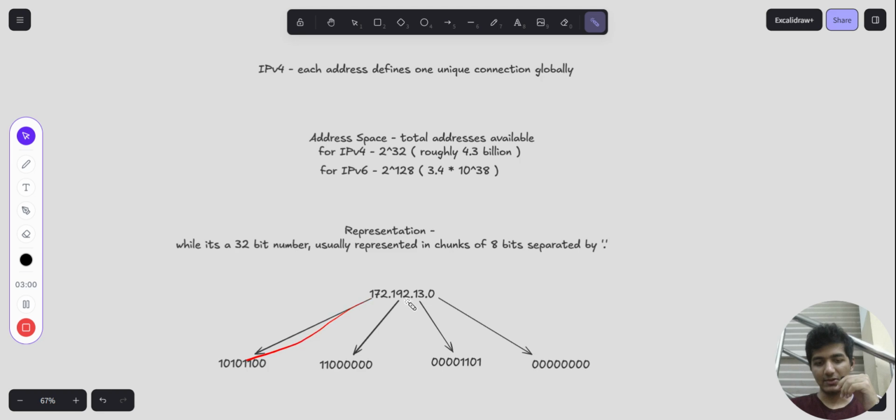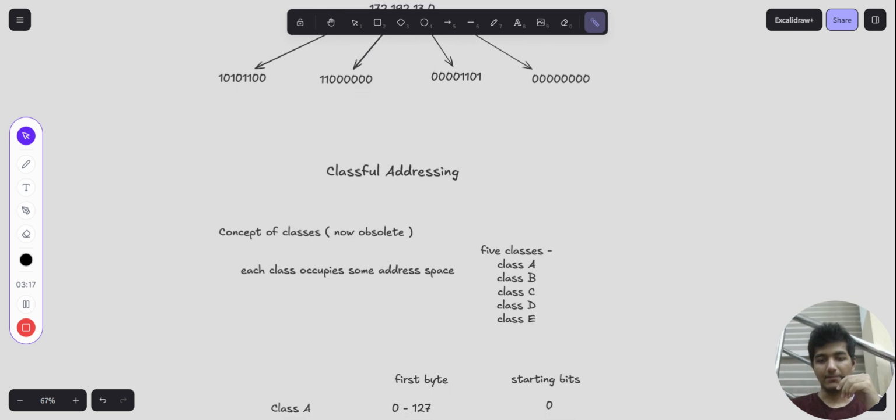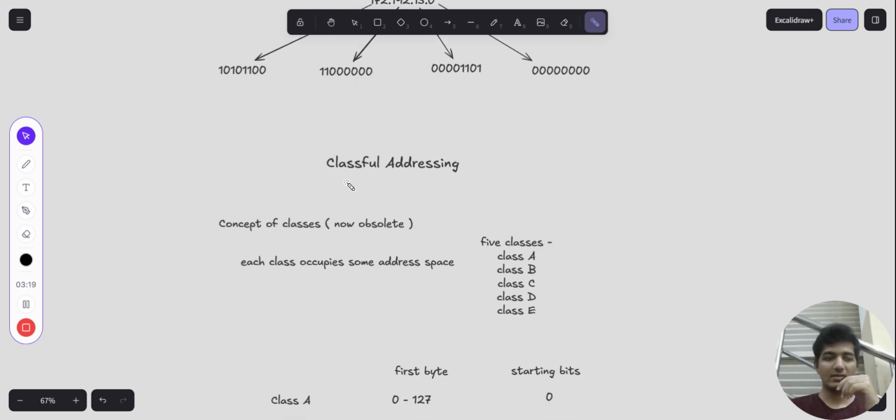Each of these corresponds to 8 bits, and they're all joined together by dots. So this corresponds to one IPv4 address. In terms of bits, if I had a stream of all these bits continuously, that would be the same as the IP address.